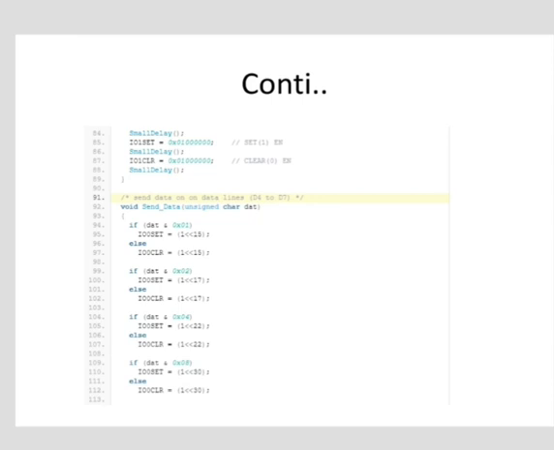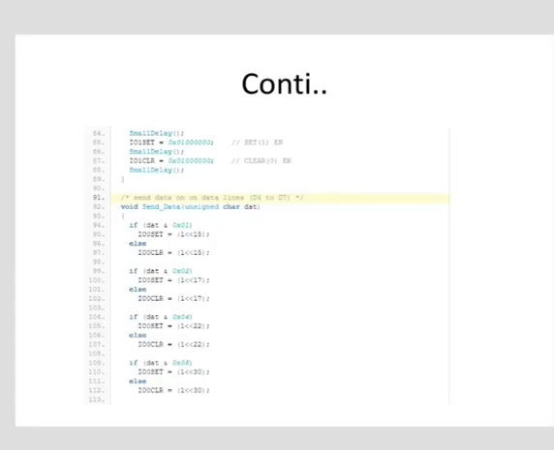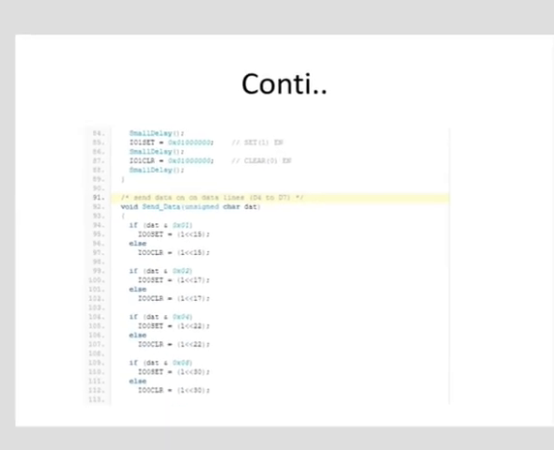Here IO select, so set 1, then IO clear, then clear 0, then send data on the data lines D4 to D7. So this is the code.